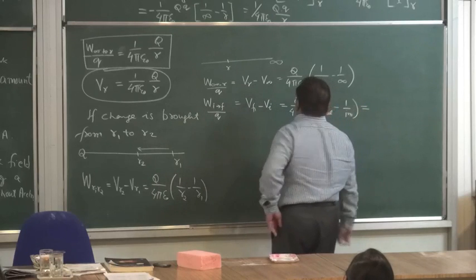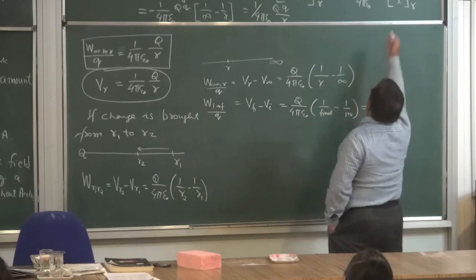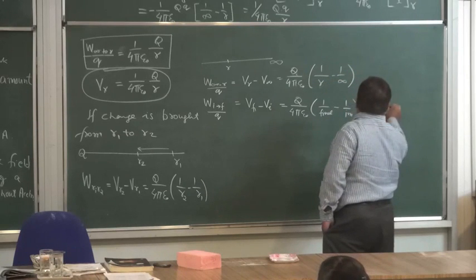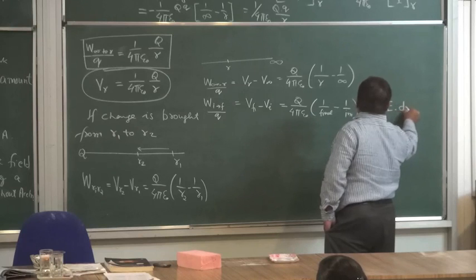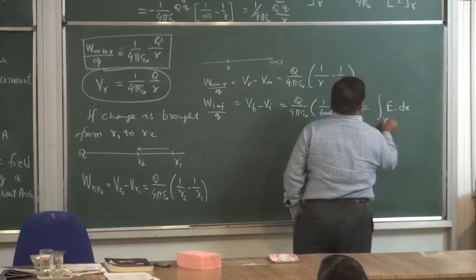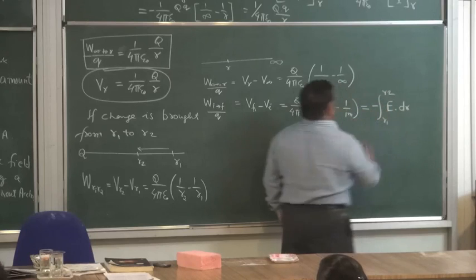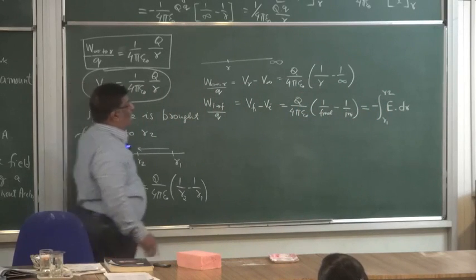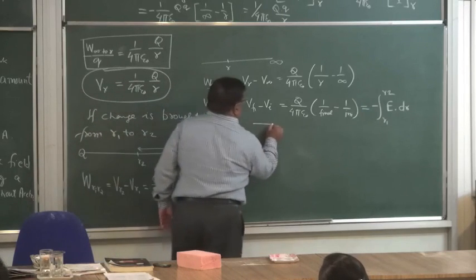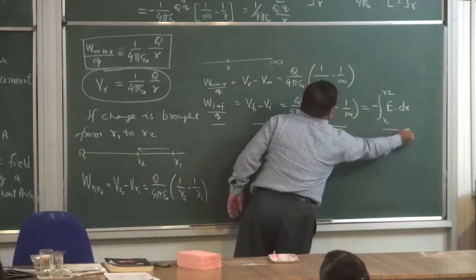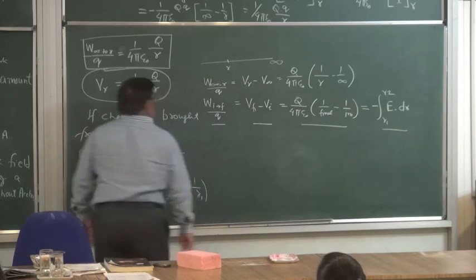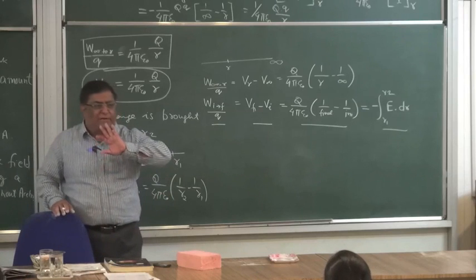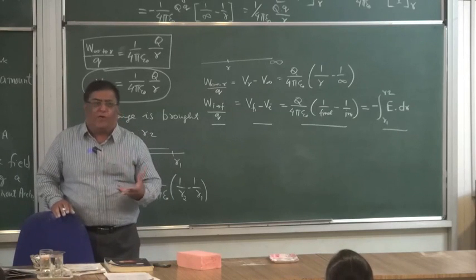This is equal to, where is the relation with E? Here is the relation somewhere with E. Integrate E dr R1 R2 minus. Now you have this 1, 2, 3, 4. Okay, so whichever format is convenient for you, remember all these formats.